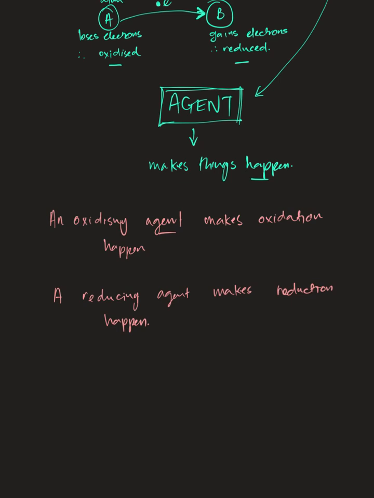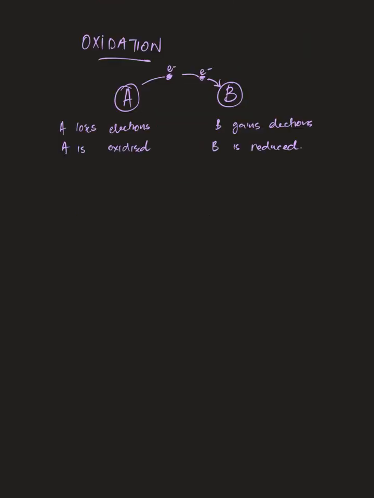Alright, so let's talk about the things that something would have to do in order to make oxidation happen or make reduction happen. We're going to have a look at oxidation first, right? So if I'm looking at oxidation, what does something have to do for us to make oxidation? So from our diagram we can see this is the initial setup. I have A over here, and A is being oxidized.